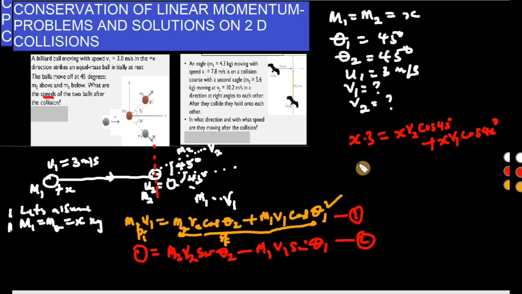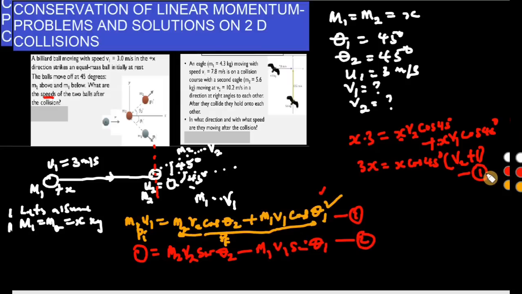So this implies 3x equals, we can factor out x cos 45 degrees, and we have v2 plus v1. Let's label this equation 1.